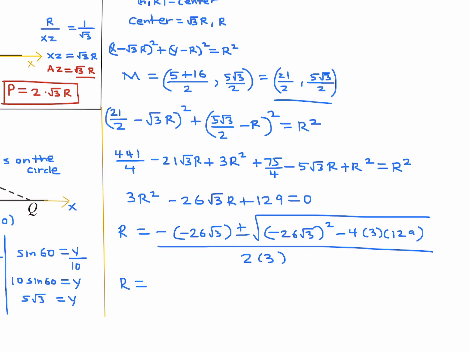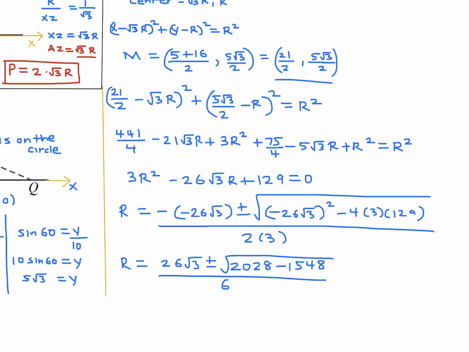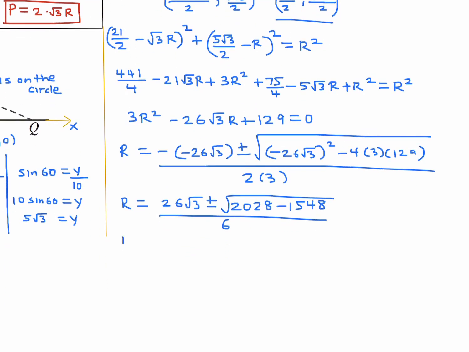Simplifying, we get r is equal to 26 root 3 plus or minus the square root of 2028 minus 1548, all over 6. And therefore r is equal to 26 root 3 plus or minus the square root of 480, all over 6.